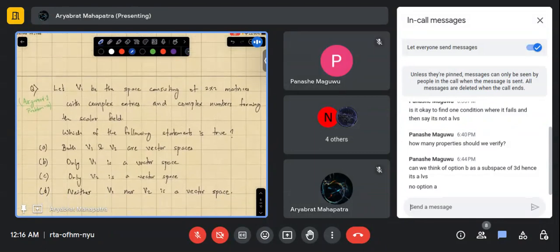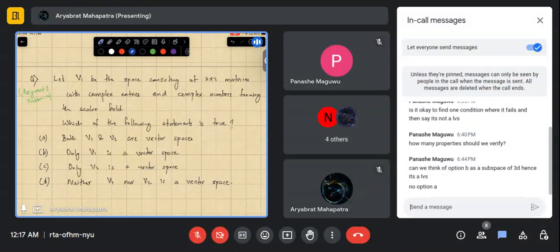So this is another question from your assignment, the same assignment, problem 10. The question is: let V1 be the space consisting of two by two matrices with complex entries, and complex numbers forming the scalar field. Which of the following statements is true?